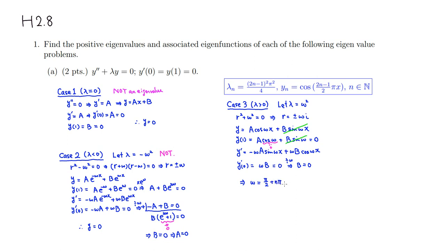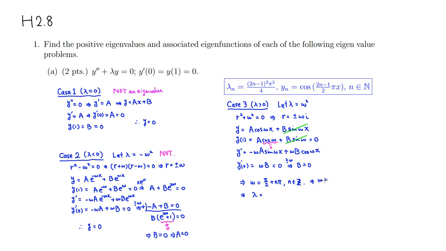Here n is any integer. Now let's look for the eigenvalue. Remember that the eigenvalue is the square of that, so lambda is equal to omega squared. Before that, maybe I should rewrite it a little bit.